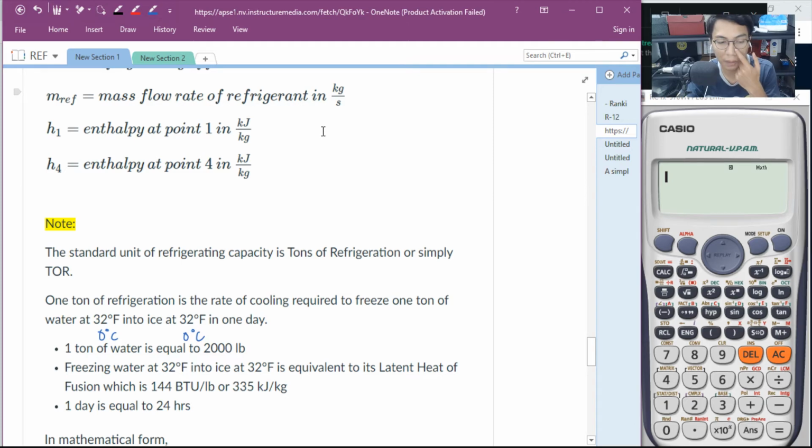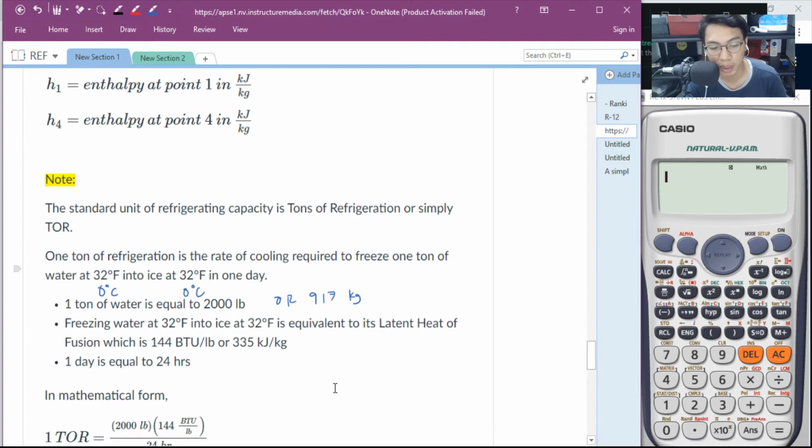So, 1 ton of water is equal to 2,000 pounds or 917 kilograms. Freezing water at 32 degrees Fahrenheit into ice at 32 degrees Fahrenheit is equivalent to its latent heat of fusion. That is 144 BTU per pound or 335 kilojoule per kilogram.